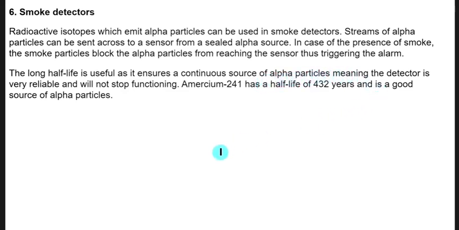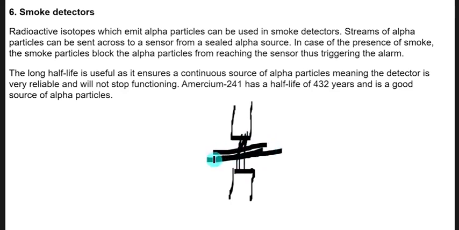So if you are using a beta here, where this radiation is passing, even if smoke passes here, this smoke cannot stop it. It will continue moving and it will not make you sense anything. So the building can burn. So you need alpha, which when smoke passes, it cannot go through because it has less penetrating power.